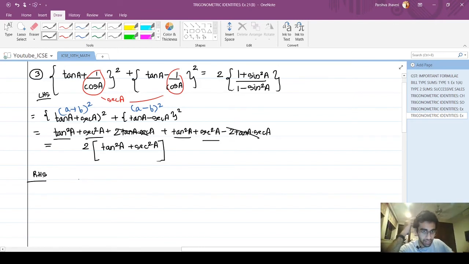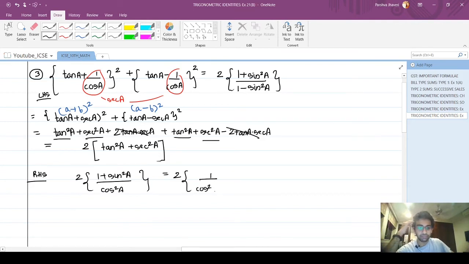Take RHS now. RHS is 1 plus sin square A upon 1 minus sin square A, which is nothing but cos square A. Now what you do, inside the brackets only, split the numerator, as the denominator will stay the same.